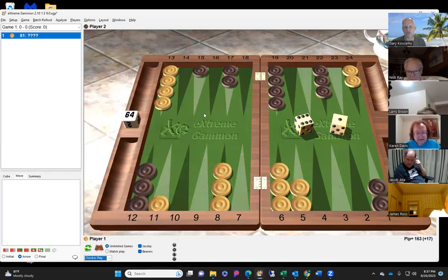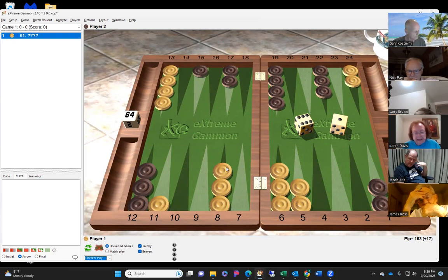So the options are pretty much come down and slot the bar, which is within the game plan, or come 11-5 to even out your spares to make it deeper, make the 4-point possibly, or even the 3.